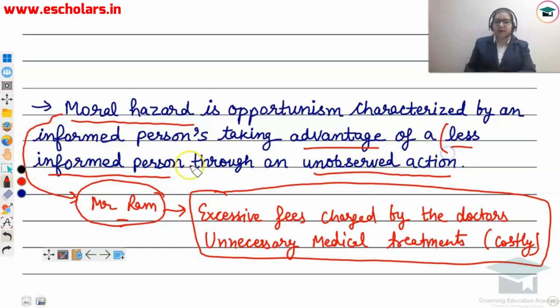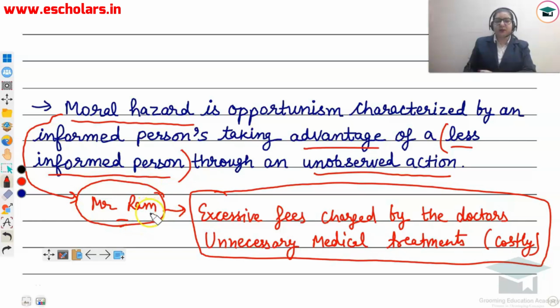Here the less informed person is the insurance company, because the insurance company cannot observe the behavior or the actions taken by Mr. Ram, right? So Mr. Ram is taking advantage of the situation of the insurance company.